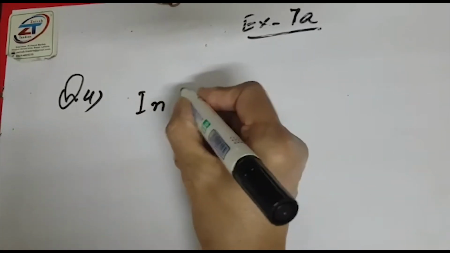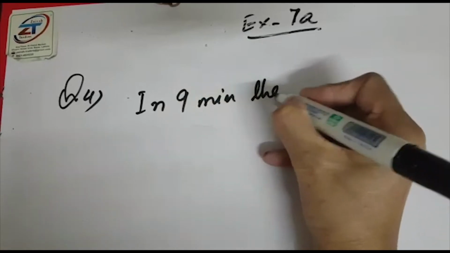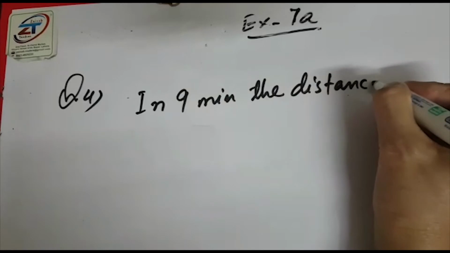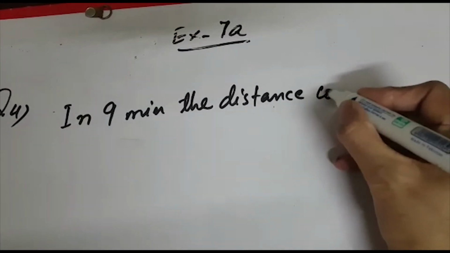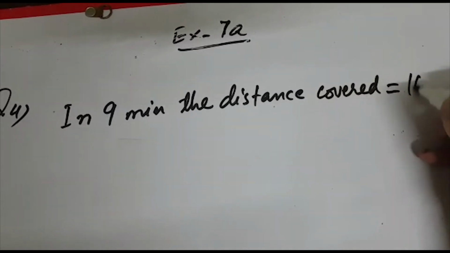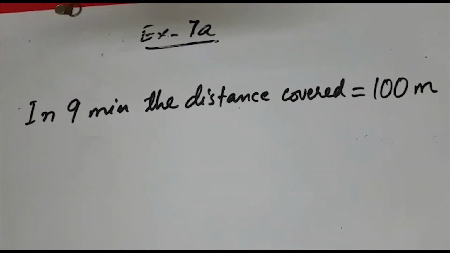So in 9 seconds the distance covered by the fastest man, which is 100 meters.